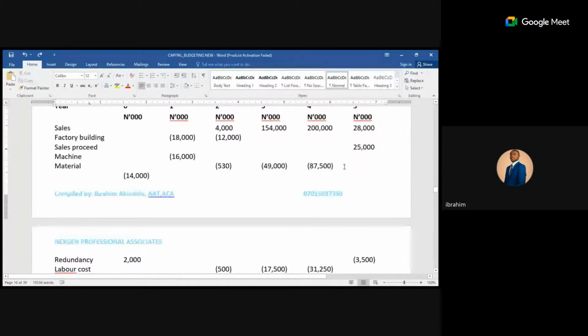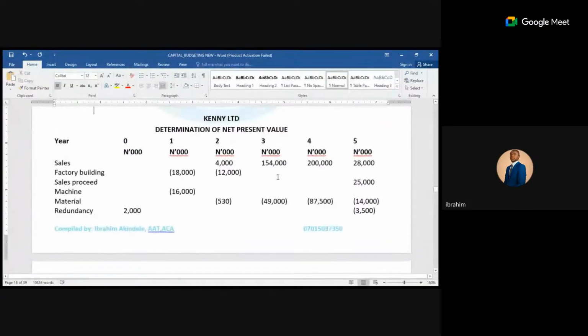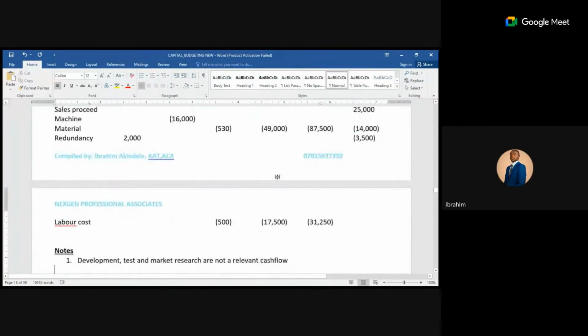Okay, I think it's from this side. Material cost for year 5, right? Okay, thank you.